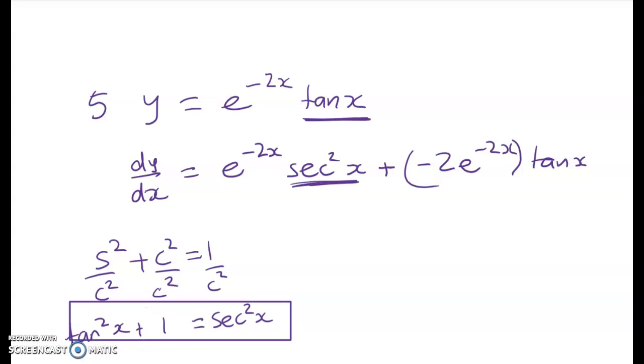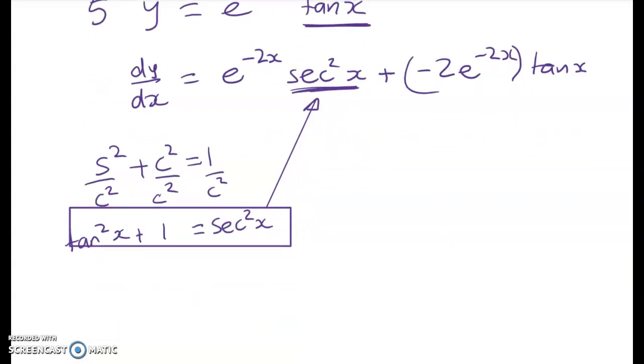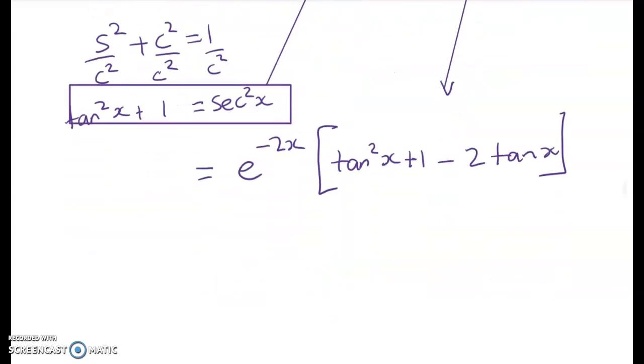So if we substitute this in here, that's going to be a good way to generate the quadratic in tan. So let's do that now. So dy by dx is equal to e to the negative 2x times tan squared x plus 1. And then from here, we're going to have minus 2 tan x. So this is a perfect square in tan.